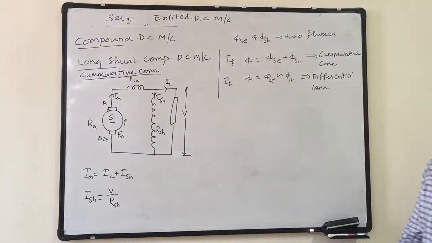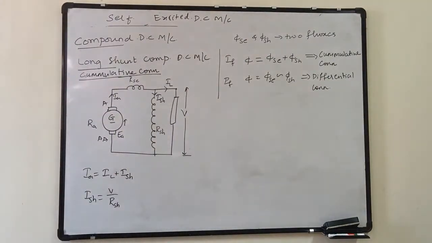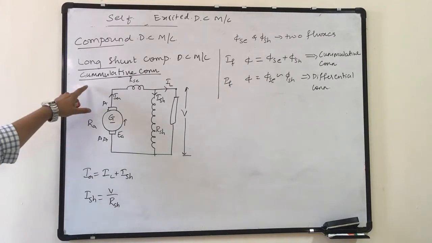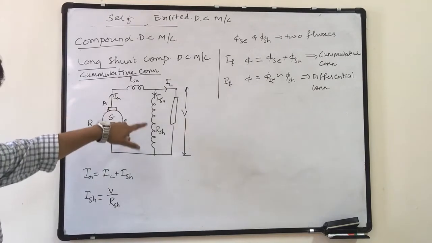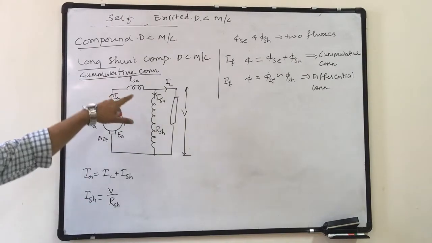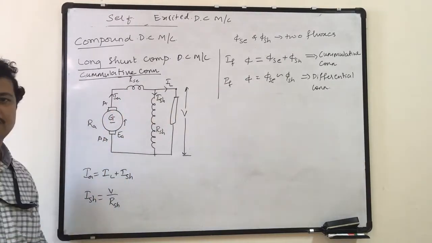If the flux produced by both the windings adds up, that is called cumulative connection, and if the flux produced by both coils gets subtracted, then that is differential connection. So in long shunt cumulative, the field connections should be such that phi SC and phi SH add up.